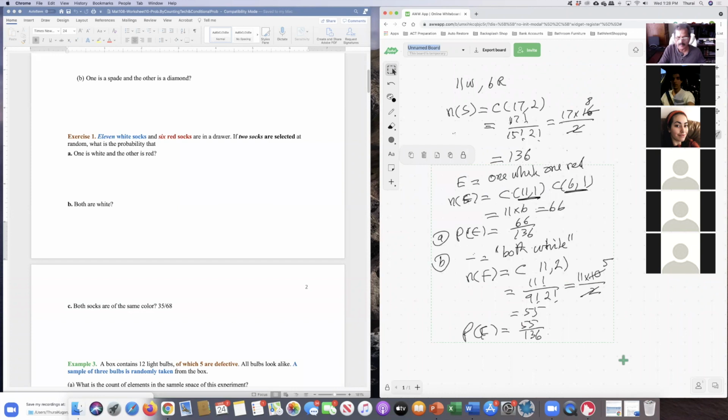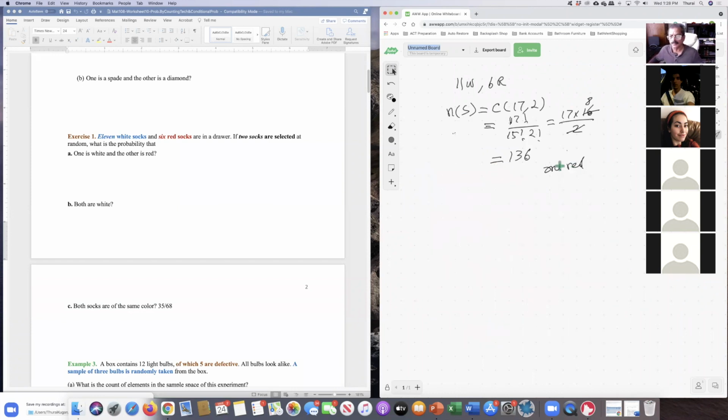That's exactly right. So let me explain for the others why that's the case. It says both are of the same color. That means we had to translate that event by writing it down clearly.